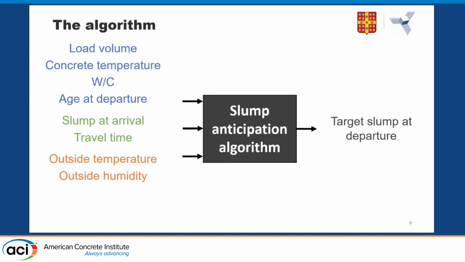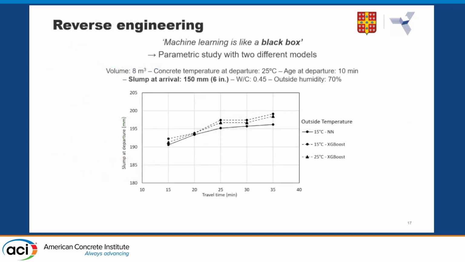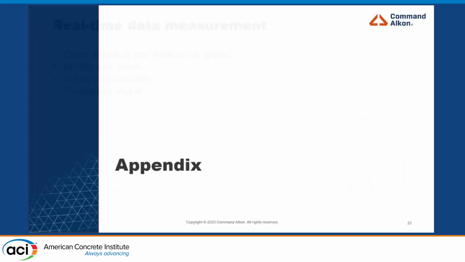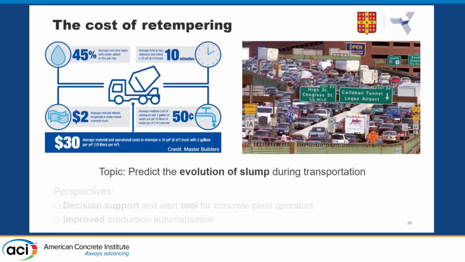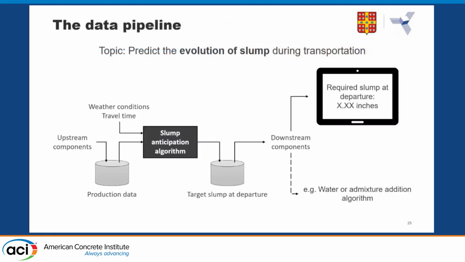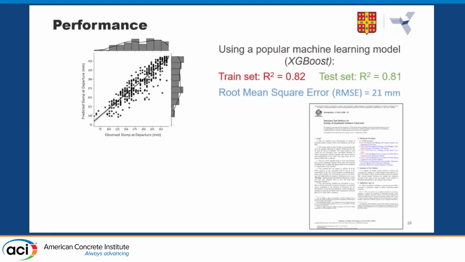And I have another question. We know that slump is a very variable measure. How did you account for the variability of this variable? As I said, you can look at the correlation coefficient, but another interesting metric is the root mean square error. In my case, at the performance, I had 21 millimeters of error.